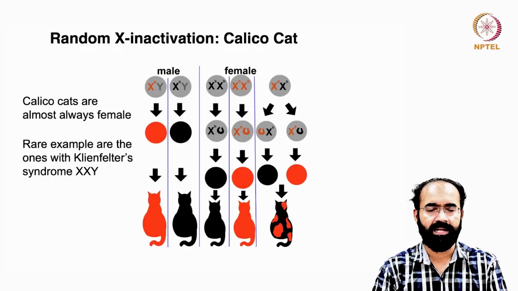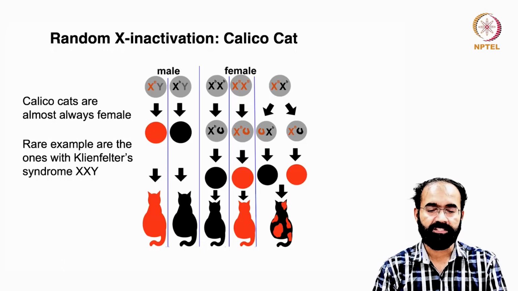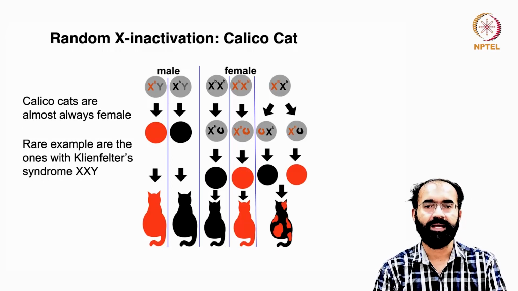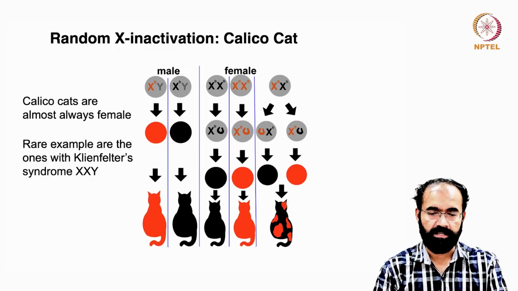So random X inactivation in the calico cat, how does it work? In the male, it has XY and XY. Here you can see the X is written in orange color, and here the X is shown in black color. The Y is given a common ash color.